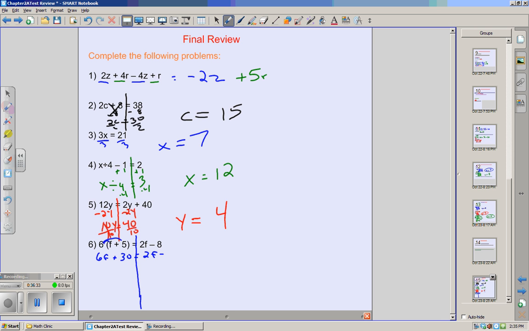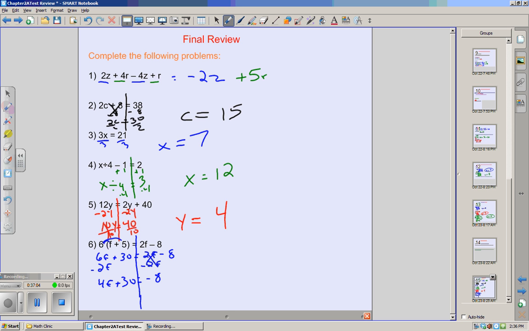I will bring everything else down on the other side because it is already simplified. I need to figure out a way to combine the variables. The opposite of positive 2f is minus 2f, minus 2f. 6f minus 2f gives me 4f, and then I'll just bring everything else down. Plus 30 equals negative 8 because I already took care of the positive 2f and the negative 2f. Gives me a negative 8.